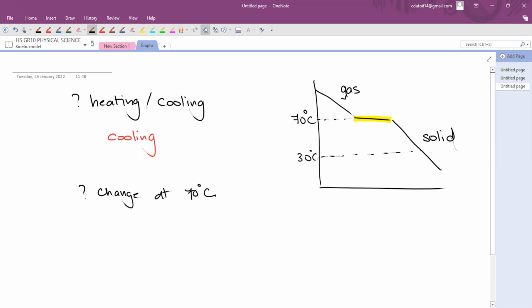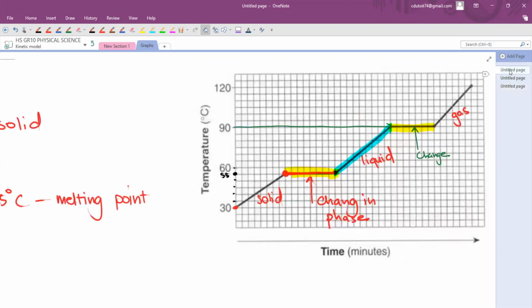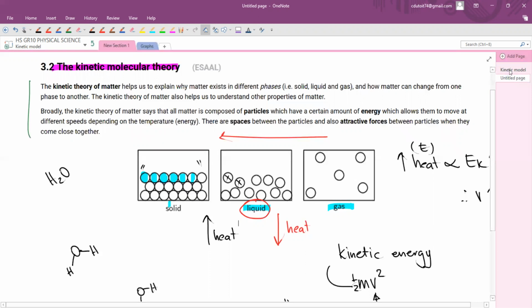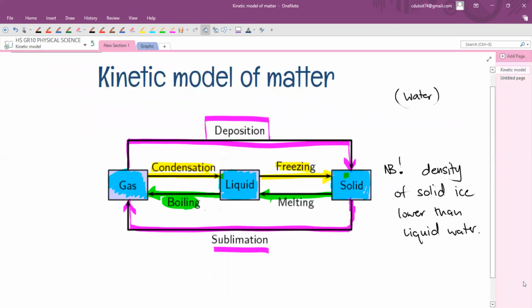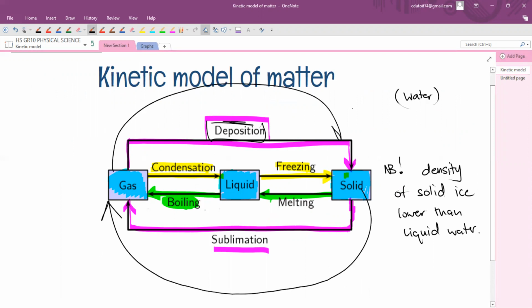It goes from a gas to a solid. There's a specific word for it. From a gas to a solid is what? Sublimation. No, sublimation is solid to gas. And gas to solid is deposition.